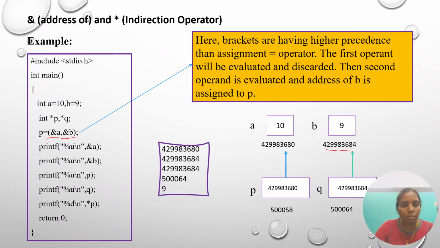So the output of this program: the value of A is the address pointed to A, the value of B is the address pointed to B, and P is the address pointed to B, and Q is some value, that is 5064, pointed by Q, and *P now points to the value of B, that is 9.